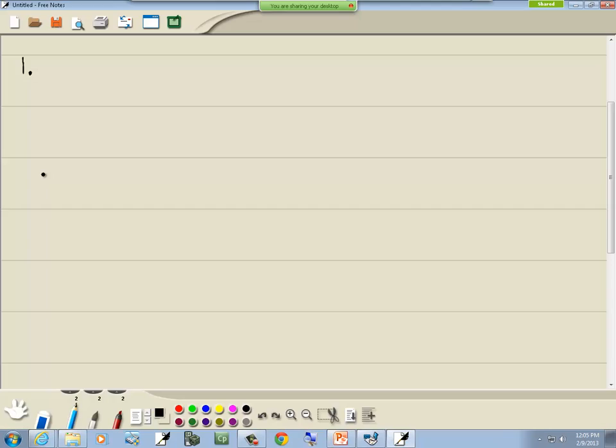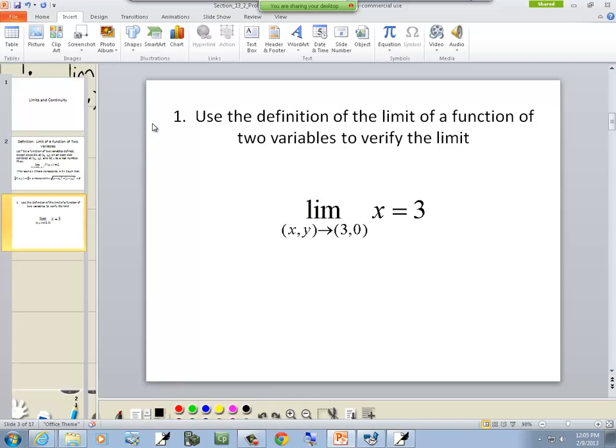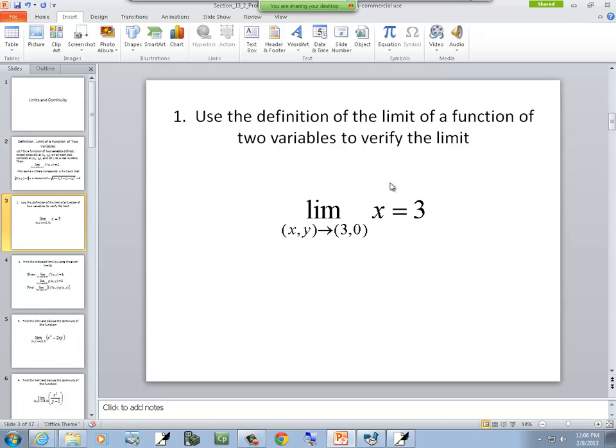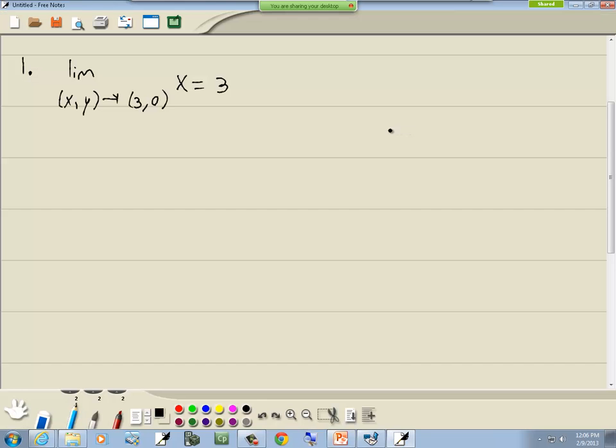Okay, we got limit as xy goes to 3, 0 of x is equal to 3. It says use the definition of limit of a function to verify it.